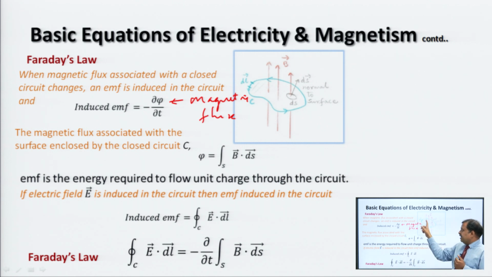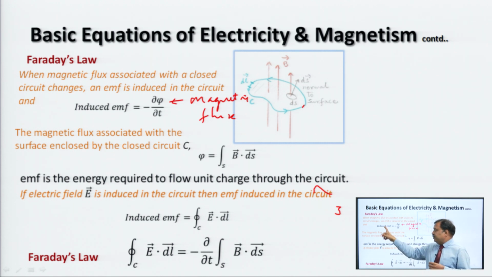The surface enclosed by this closed path C, and you should note that the surface enclosed by this closed path C is not a closed surface. Path C is closed and it encloses a surface, and if you integrate B dot ds over this surface enclosed by the closed path C, it gives you the magnetic flux associated with this closed path C.